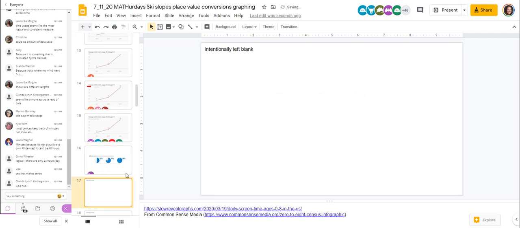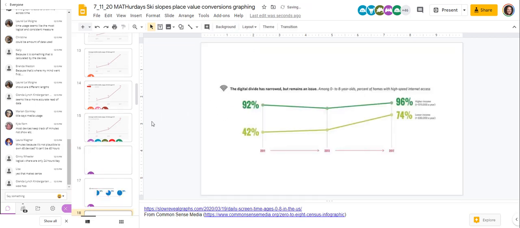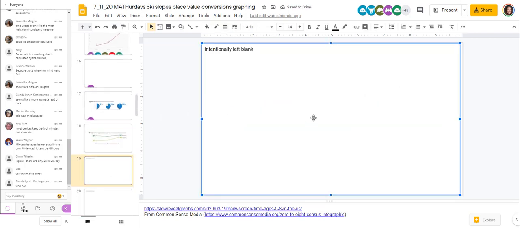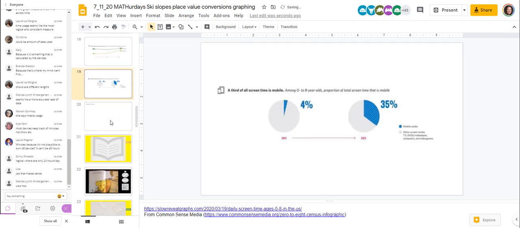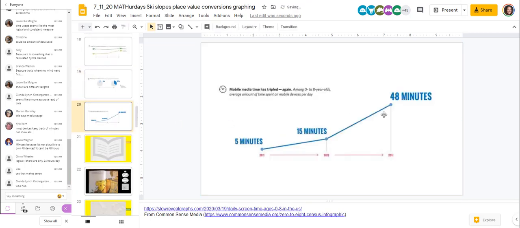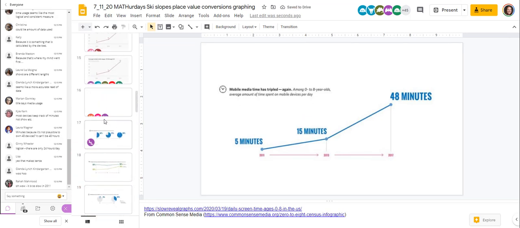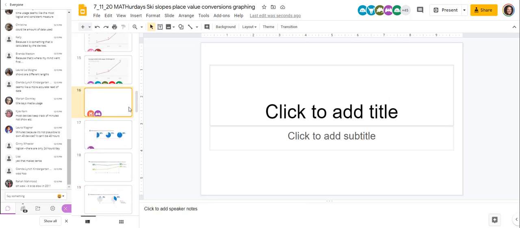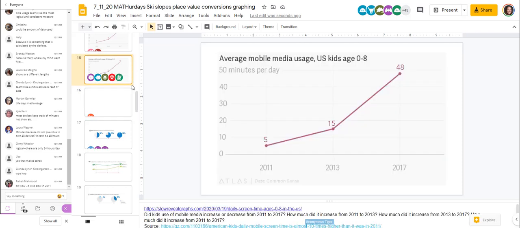And that's our final graph. We can get into a lot more discussion about this graph. The author of this slow reveal graph also posted some other interesting facts about media, and we can use this to have more discussions about graphs.